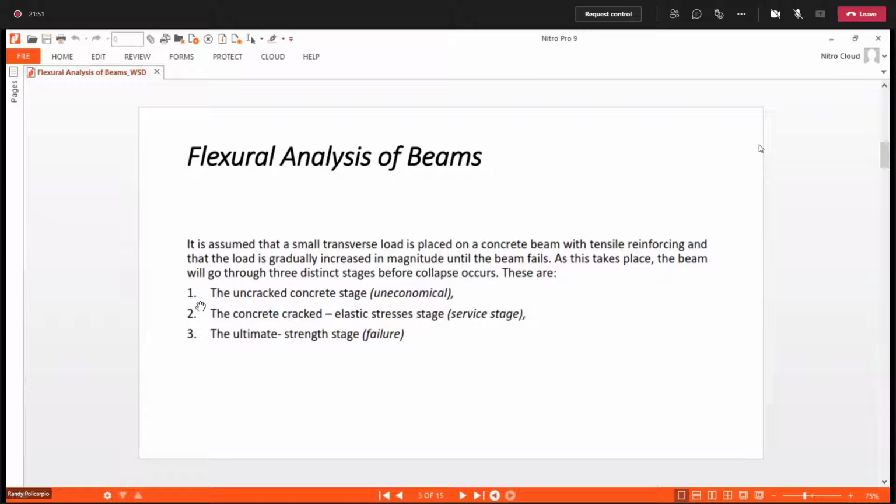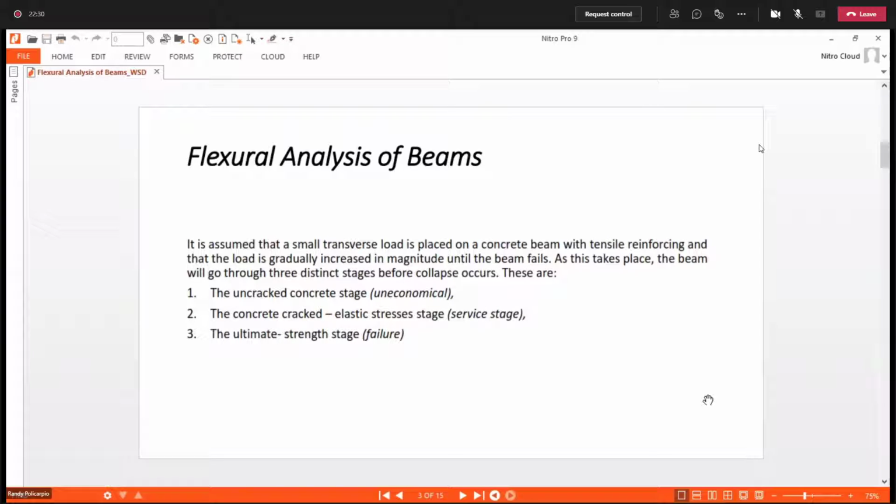By the way, when your beam is in the uncracked stage, this is considered uneconomical. Why is this uneconomical? Because you don't want your beam to experience cracking, so you prevent it from reaching this stage.